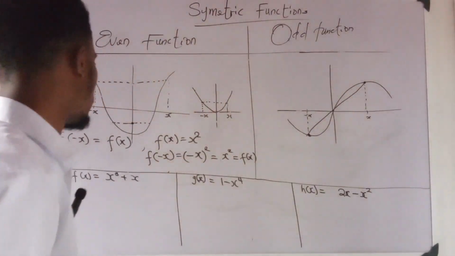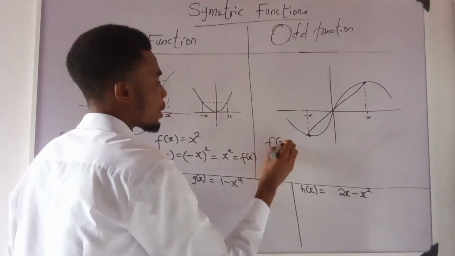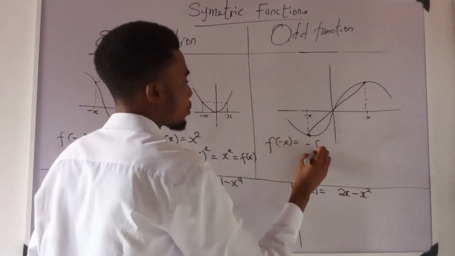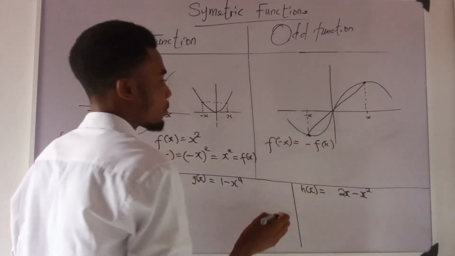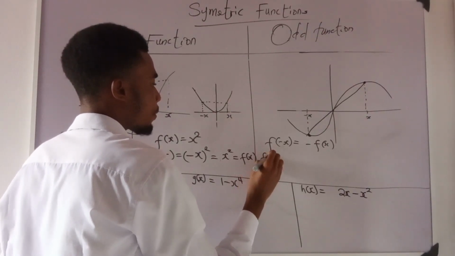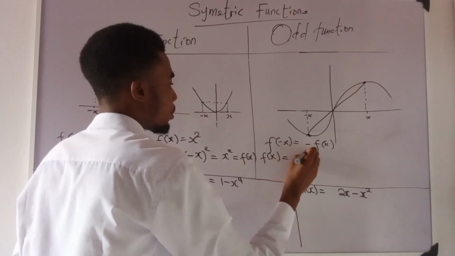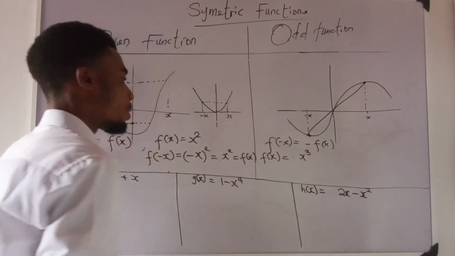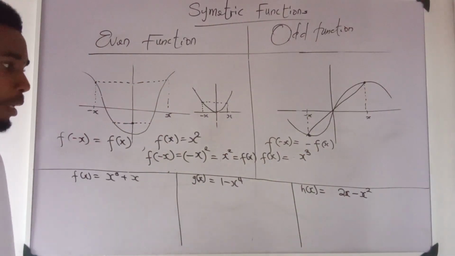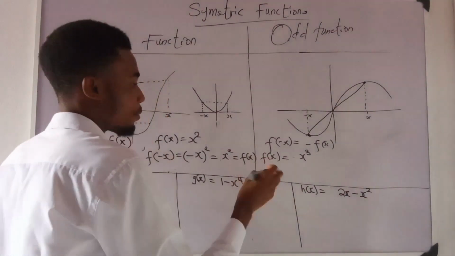A function is said to be odd algebraically if f of minus x produces minus of f of x. An example of an odd function is f of x equal to x cubed. Let us critically evaluate f of minus x.